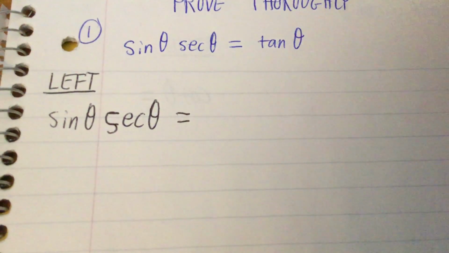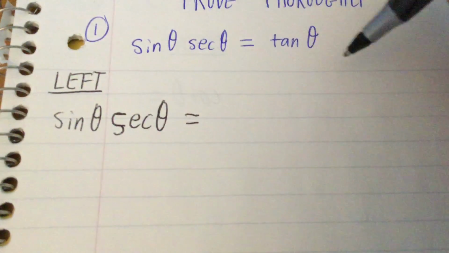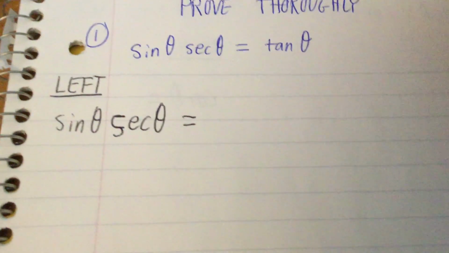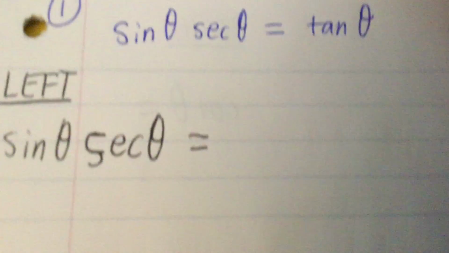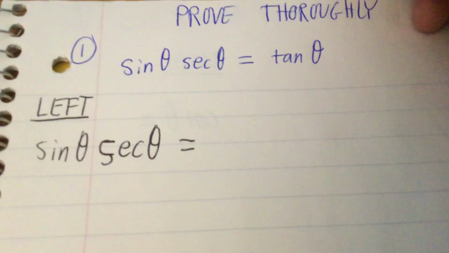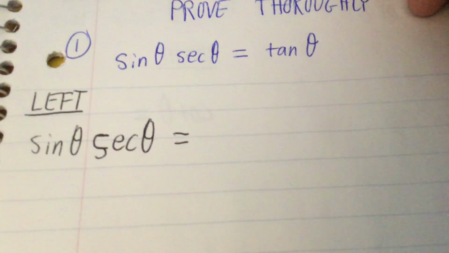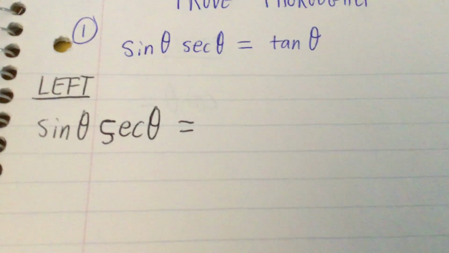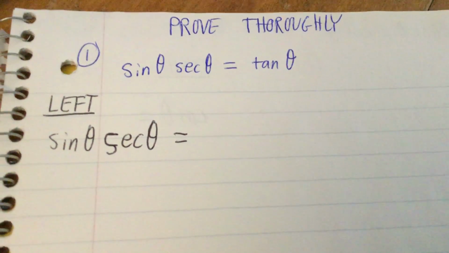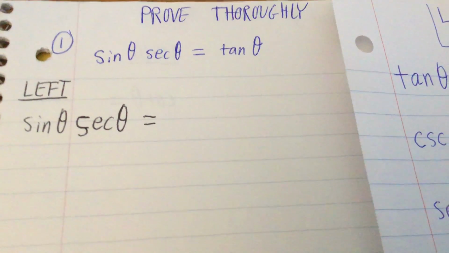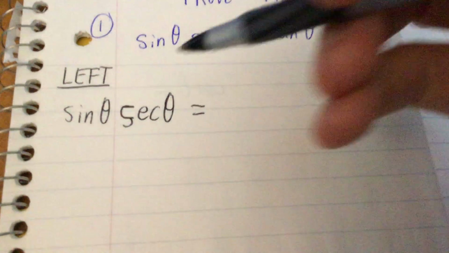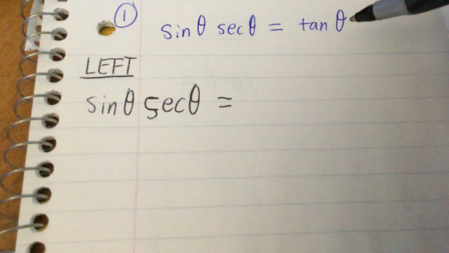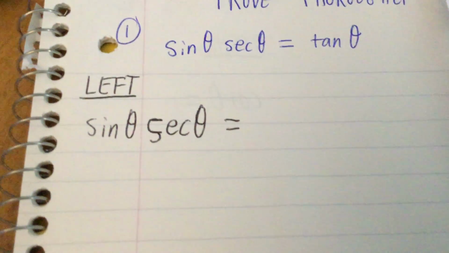Can we agree that we've got a complicated left and a complicated right, sort of? Okay, so sine of theta times secant of theta is equal to tangent of theta. Can I do anything if I have my list of rules on the right? I want to transform the left side into proving that it's the right side using my list of rules.